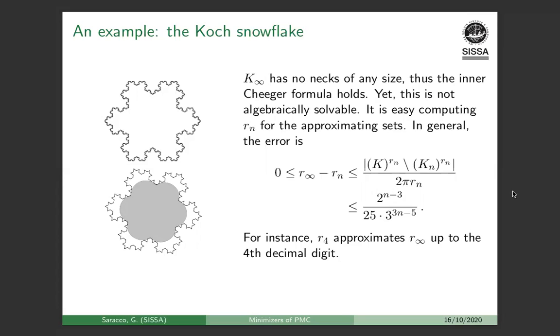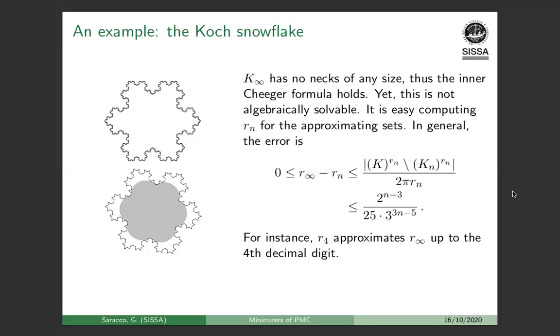And if you use the previous proposition, you can prove that the difference between the inverse of the constant of the snowflake and the inverse of the constant of the nth iterate is bounded from above by 2 to the n minus 3 divided by something, which goes to 0 quite fast. And indeed, I think that the eighth iterate approximates the constant up to the 10th decimal digit.